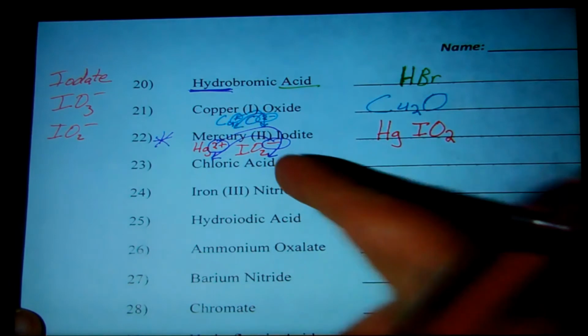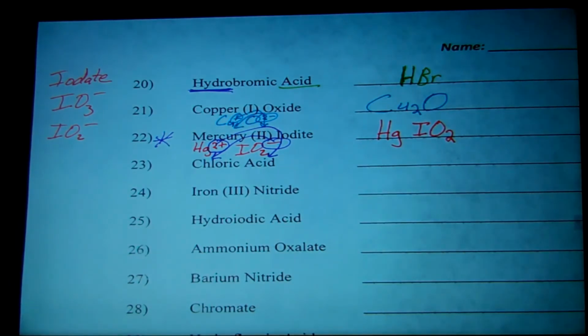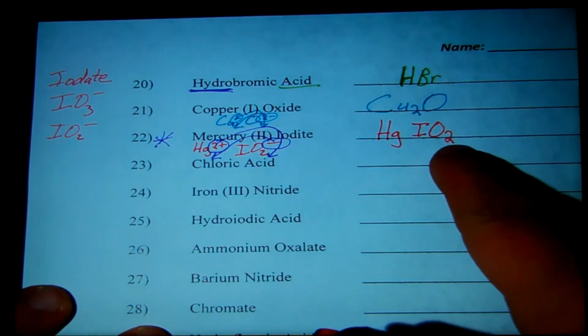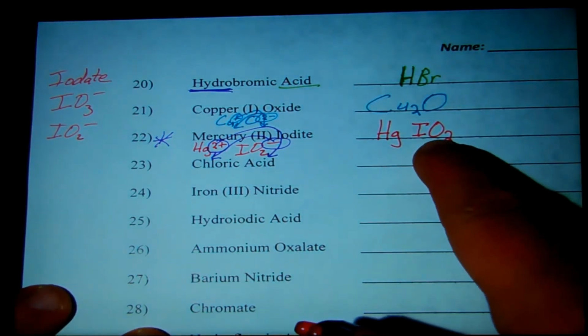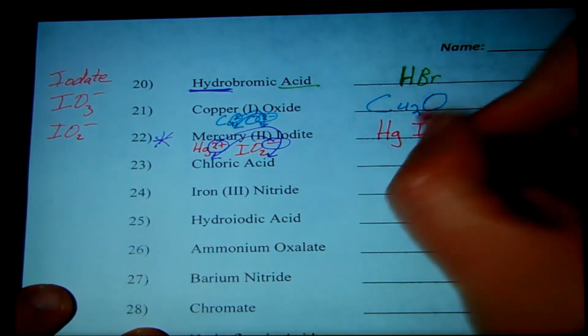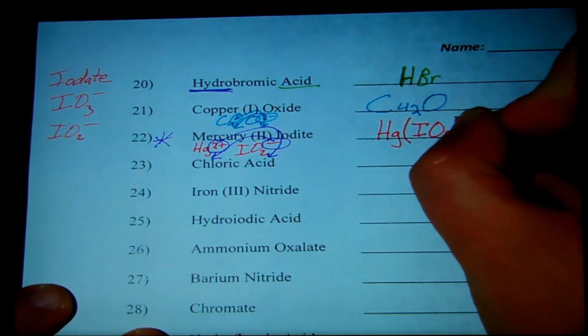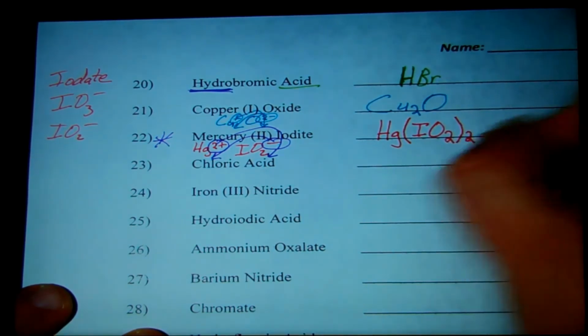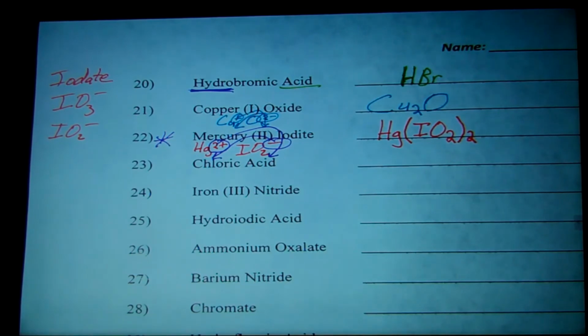But 2 came down from that mercury. I have to have multiples of this iodite. This 2 is for that oxygen. That 2 is not from the mercury. Put this in parentheses, and then put the 2 outside. That's just evening out the charge. Okay? So hopefully that's helping you there.